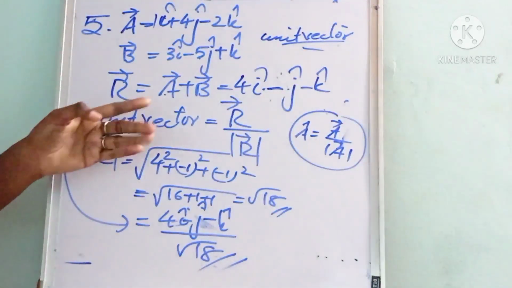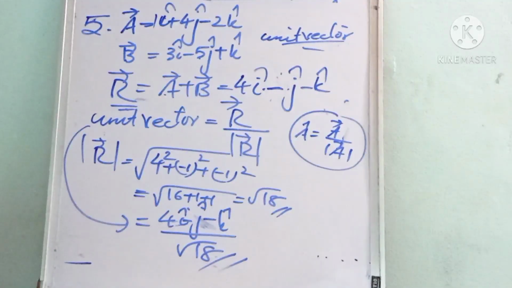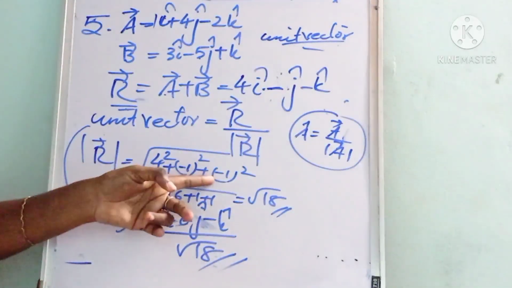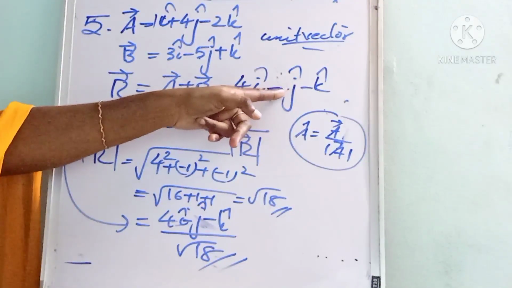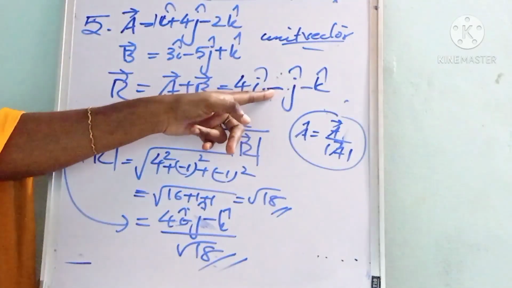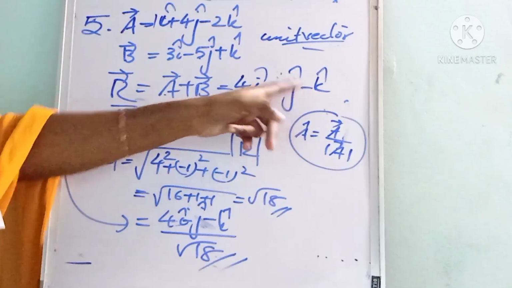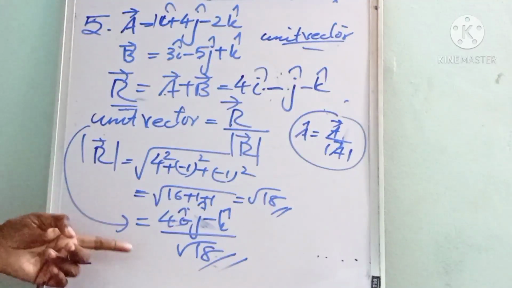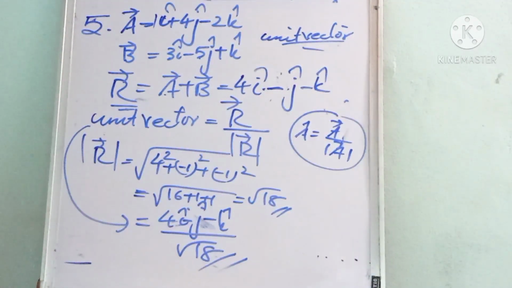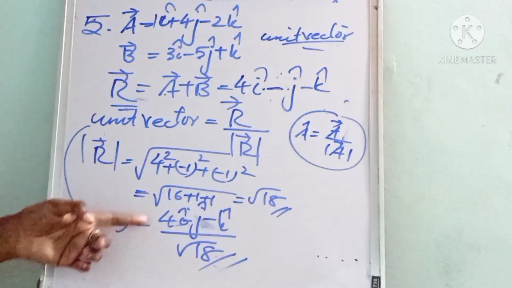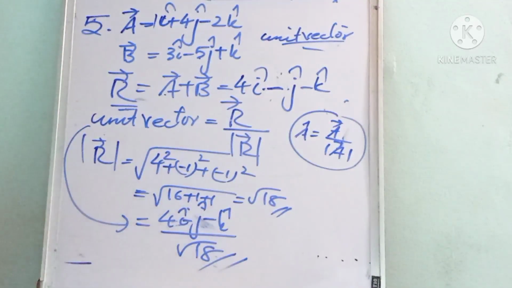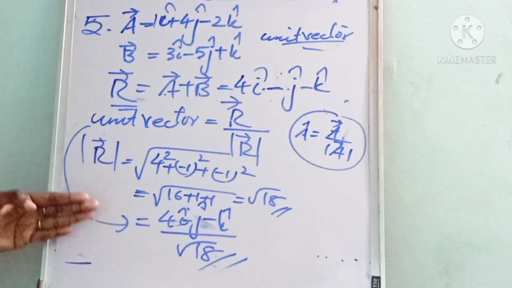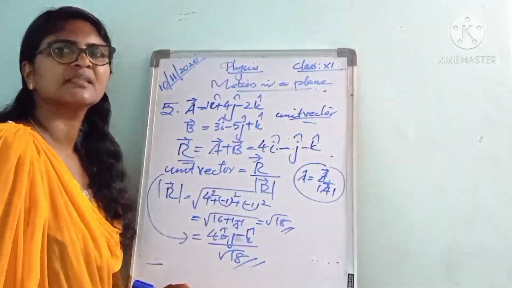You know the unit vector is equal to vector R by modulus of R. So we find the modulus of R as 4 square plus minus 1 square for the coefficient of minus j, then minus 1 square for minus k. Simplifying this, we will get root 18. That is the magnitude of the resultant vector. Then the unit vector is equal to vector R, that is 4i minus j minus k by root 18. This is the unit vector.